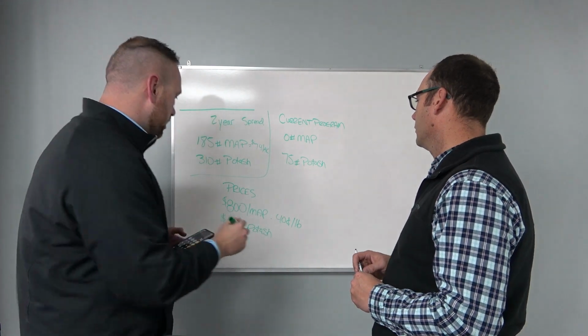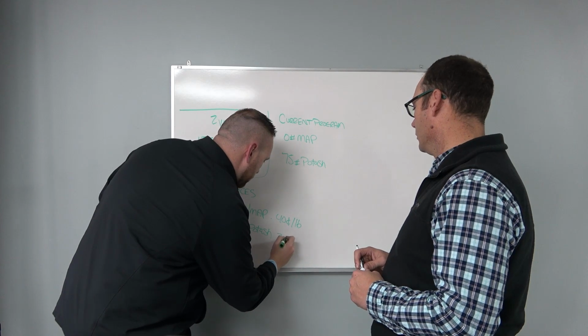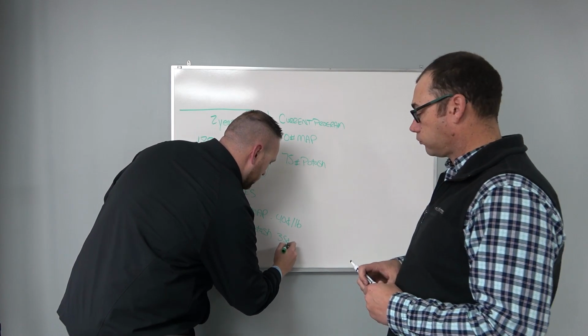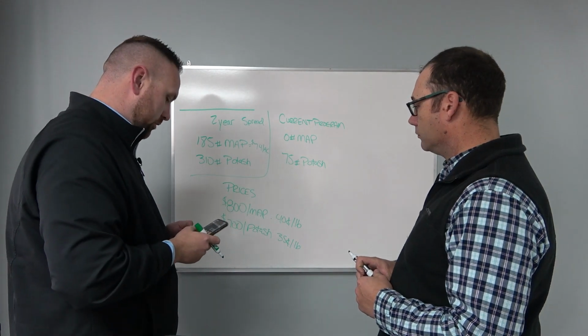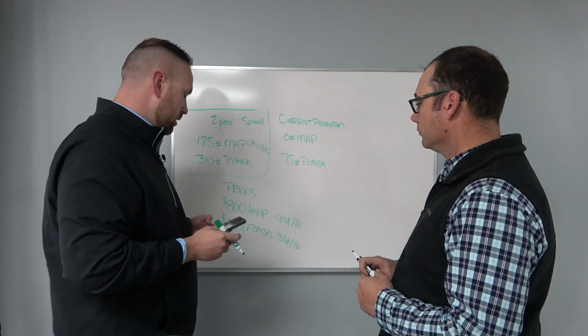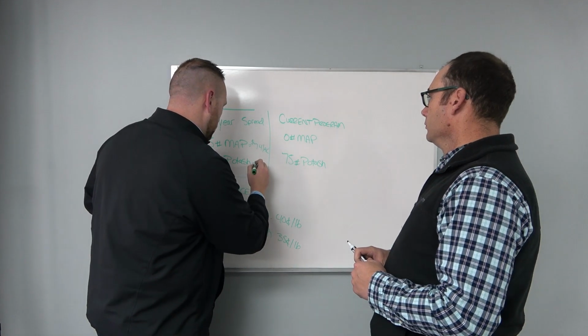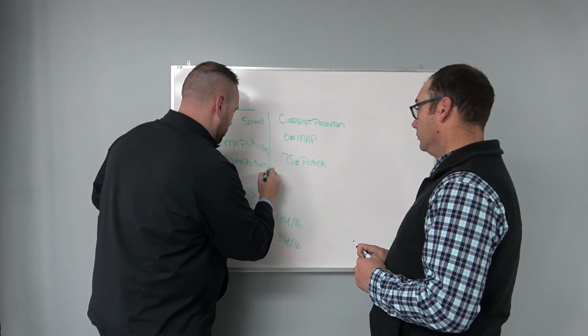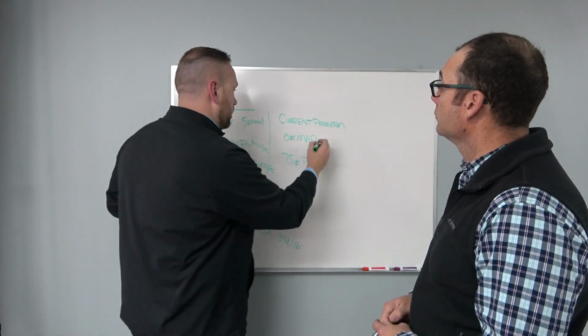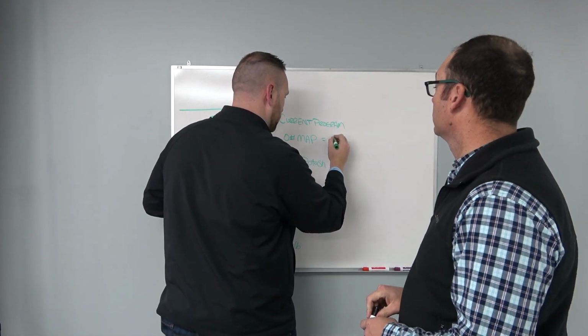Potash at 700 is going to be 35 cents a pound. So at 310, 0.35 times 310 is 108.50. So $108.50 per acre. So over here, that's been 0.